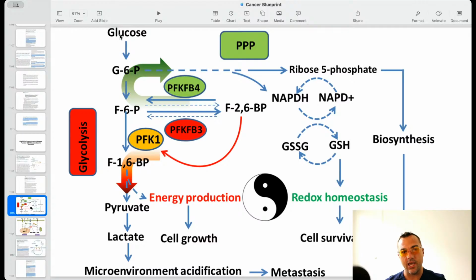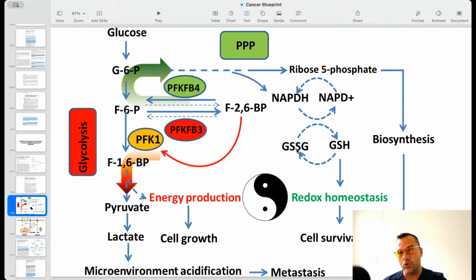But the cancer cell either is going to use glucose to make ATP, energy production, and grow and produce lactate and set up the lactate tumor microenvironment and metastasize, et cetera, right? Or it has to protect itself from the environment. And this is what I call the internal shield system. And NADPH is an important part of that system because it helps recycle glutathione and maintain redox homeostasis, or the balance of antioxidants and oxidants.